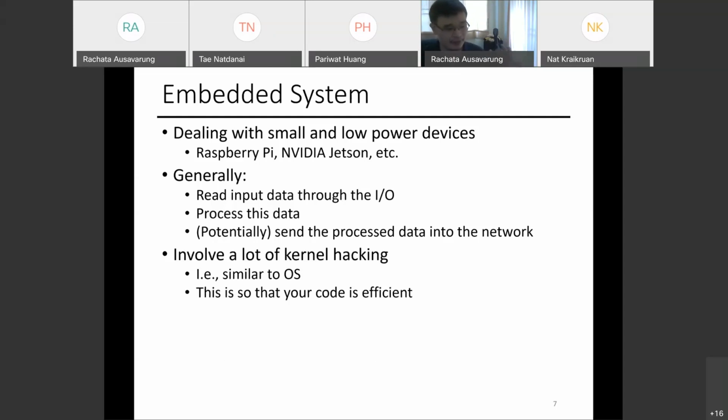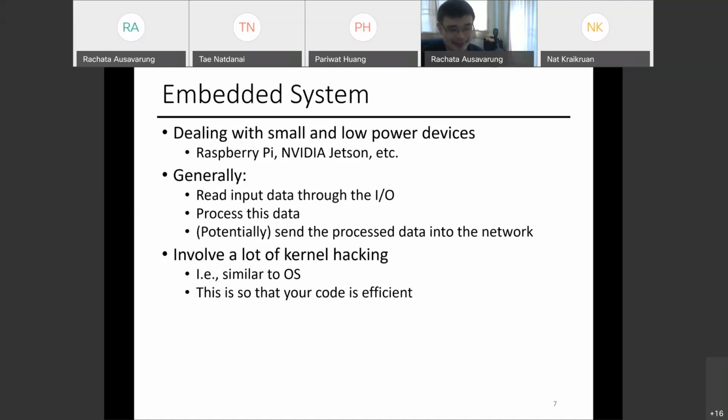Because the device is so small, it's going to involve a lot of kernel hacking. Basically, you're gonna build something like an operating system or Linux, but a limited version of that. It only supports certain things that you want them to do, but not more. The more you support, the more it burns power and the more wasteful it is.